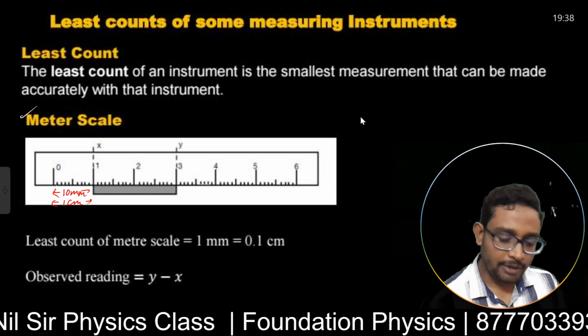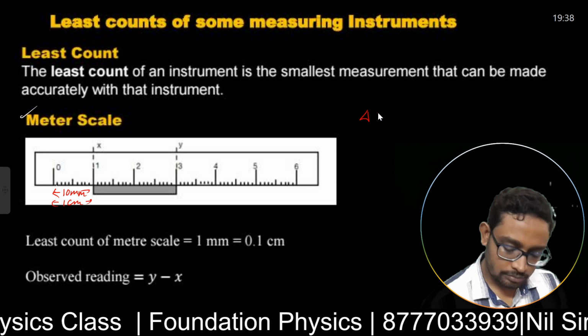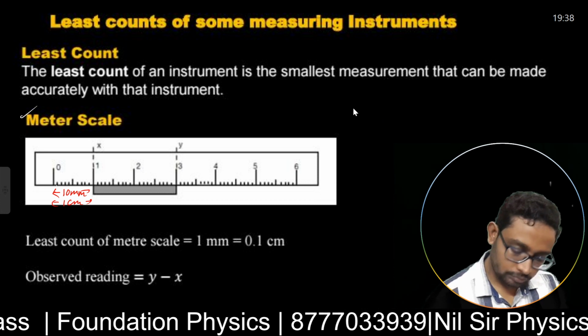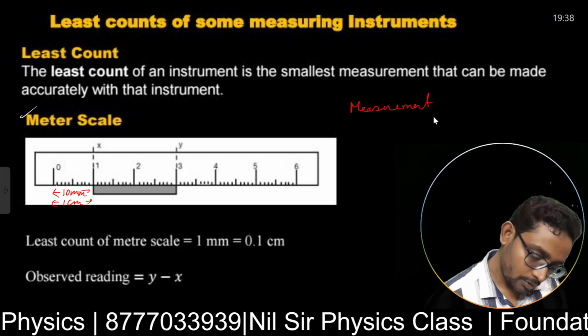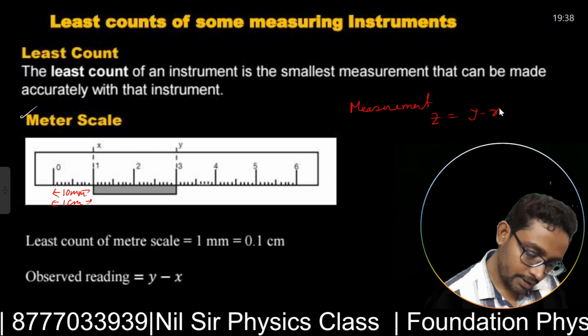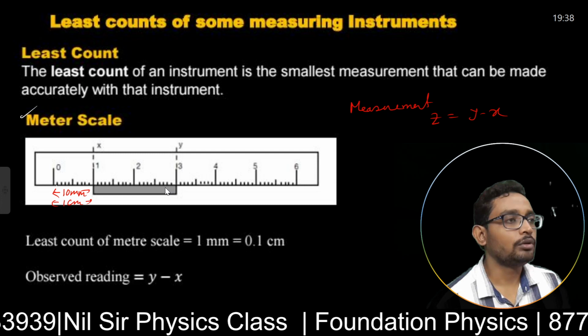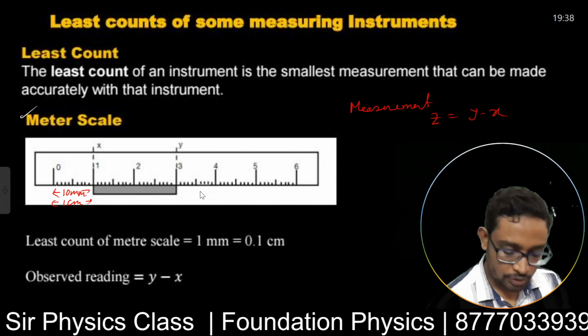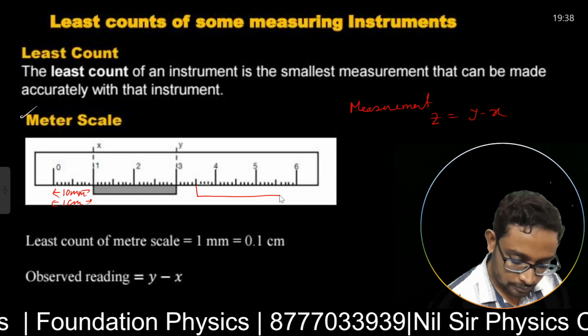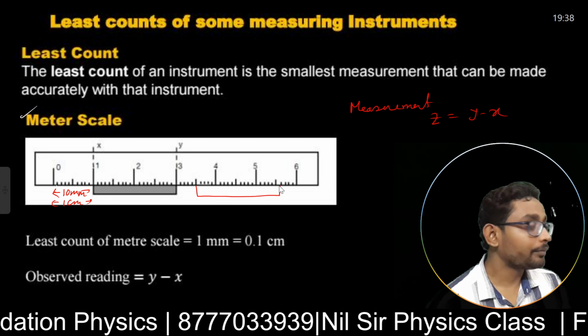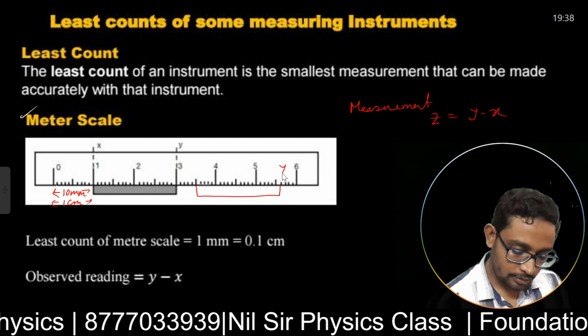What will the measurement be? Z equals y minus x. It can start from here and end here, right? So this is y.